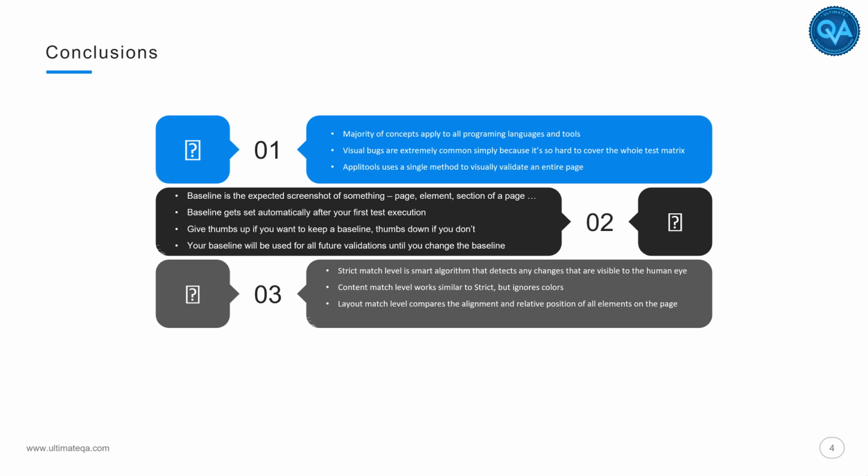You also learned about the content match level, which works similar to strict, but just ignores colors. And then you also learned about the layout match level, which has been very useful for us in our course because it compares the alignment and relative position of all the elements of the page. If you remember, we used the layout match level on our social sharing toolbar, because the social sharing toolbar actually had those numbers that increase as the page gets shared more often.